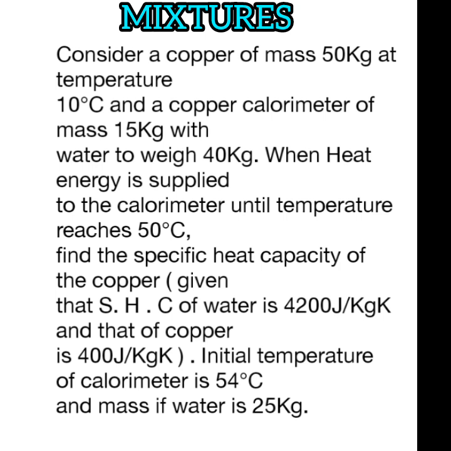When heat energy is supplied to the calorimeter until temperature reaches 50 degrees Celsius, find the specific heat capacity of the copper, given that specific heat capacity of water is 4,200 joules per kilogram per Kelvin, and that of copper is 400 joules per kilogram per Kelvin. Now, initial temperature of calorimeter is 54 degrees Celsius. Mass of water is 25 kilograms.